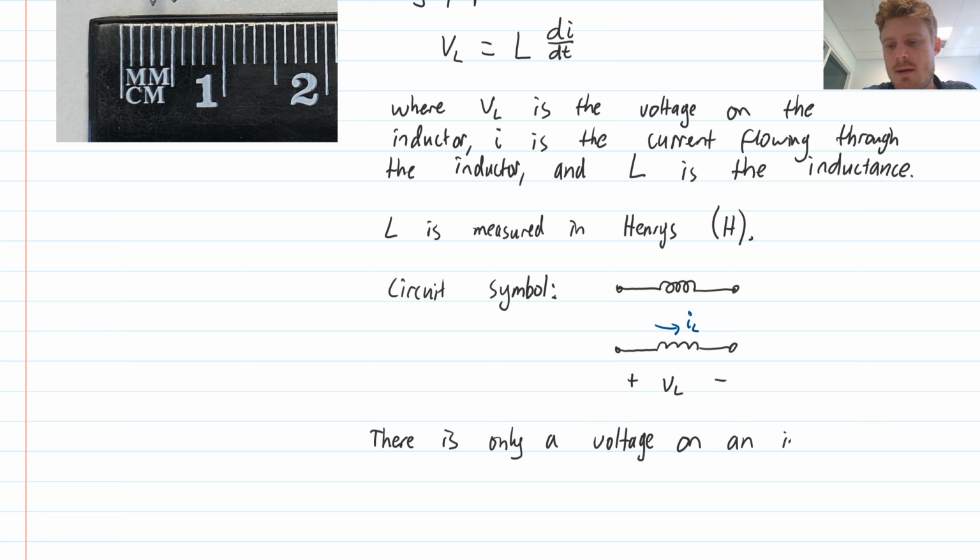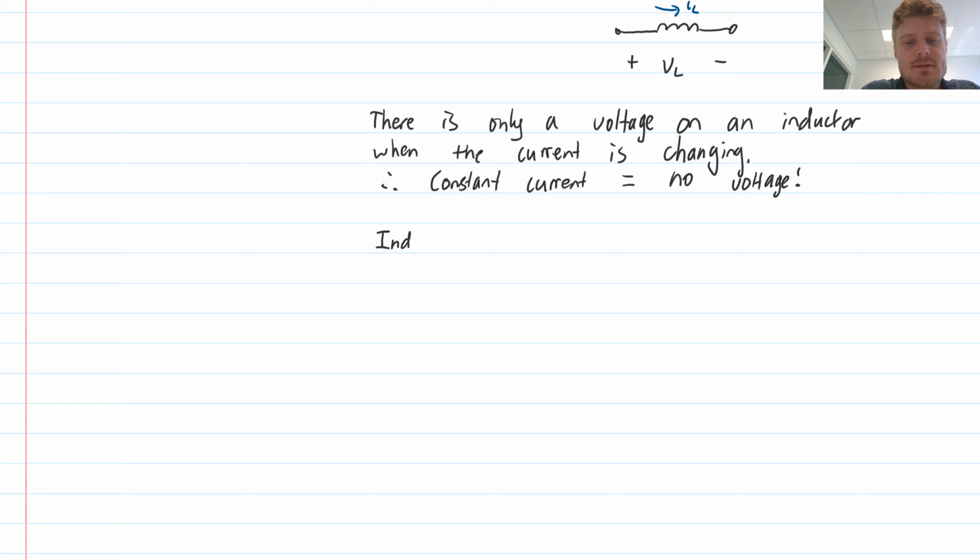Another property of inductors: inductors are energy storage elements. The intuition is that the energy goes into the magnetic field, and if you try to change the current, you have to change the magnetic field, and that takes some time.